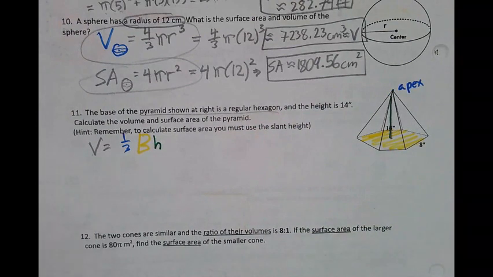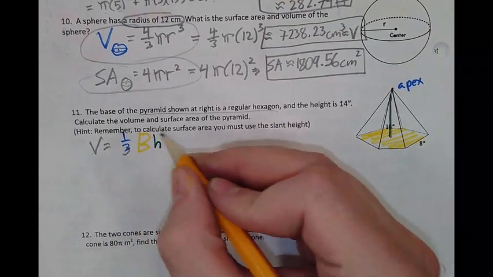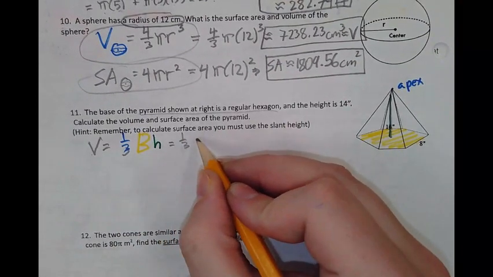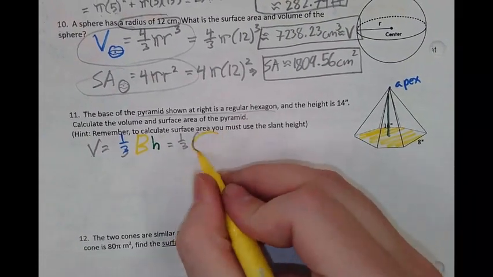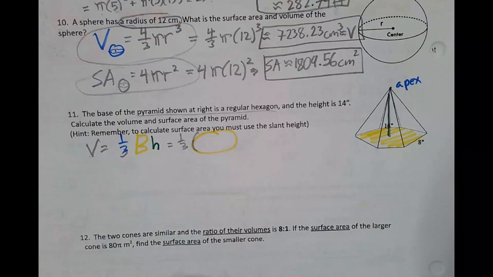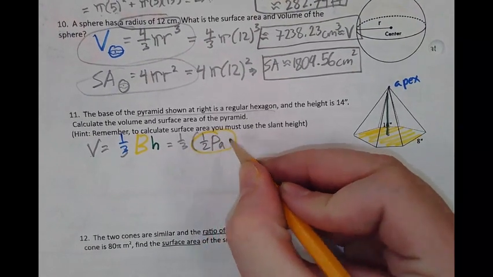I'm sorry about that. So we have a much more complicated formula now that's going to be 1/3 times the area of a regular hexagon, which is 1/2 perimeter apothem if you use that formula.